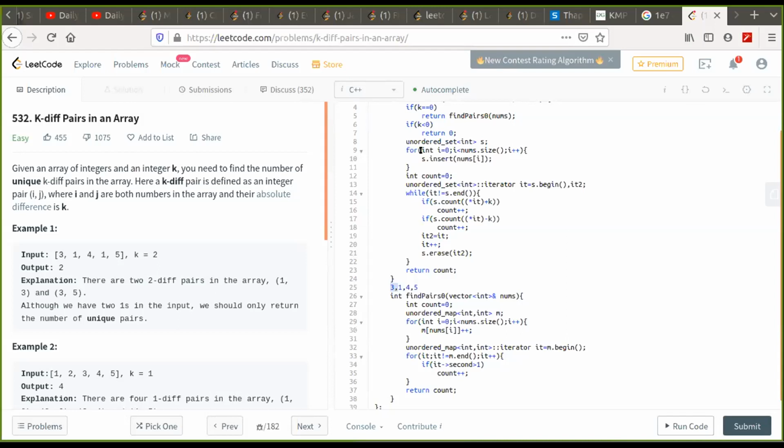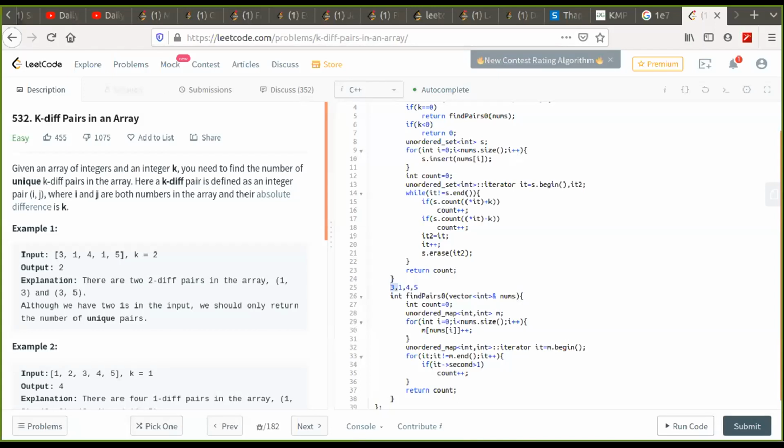That's right. Like 3, 1, 4, 1, 5, it's not sorted. But when you reach that 3, you pair it with 5, which is one pair, right? Then when you reach that 1, you find that 1 plus 2 is 3 and it is in the map, so I can make a pair, and then you are done.